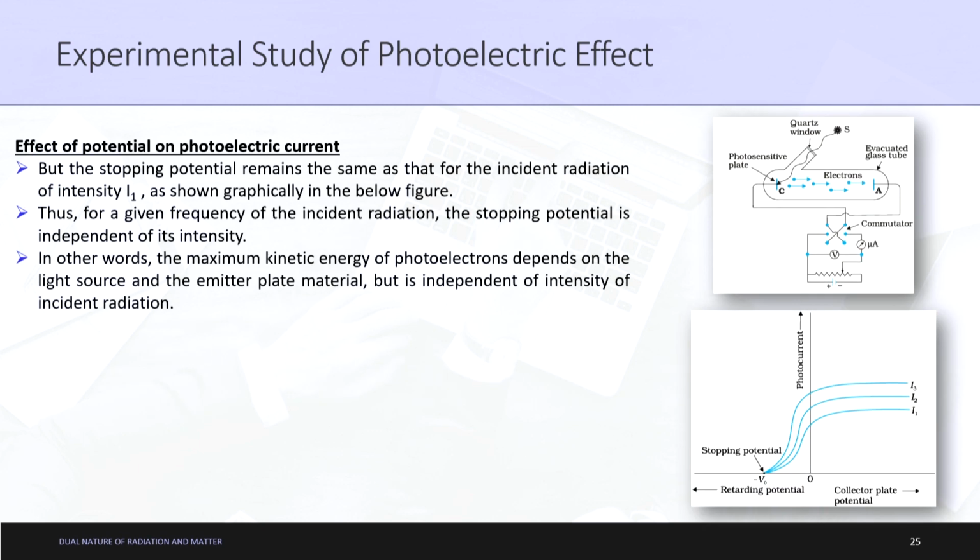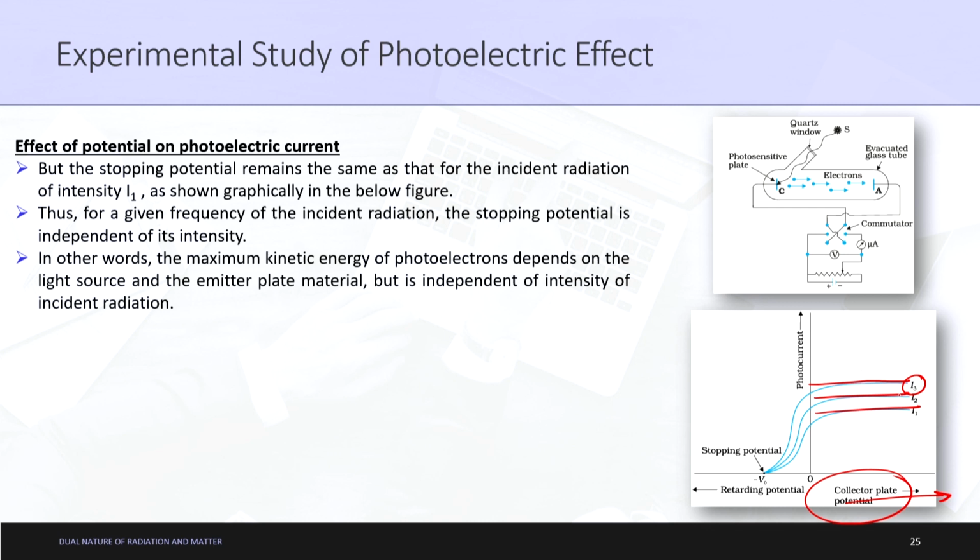Next thing is the same thing only. This is the diagram being explained here. Please look over here very carefully. As you can see, for light with greater intensity, the photoelectric current is increasing with the collector plate potential.